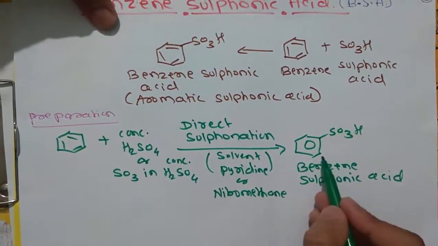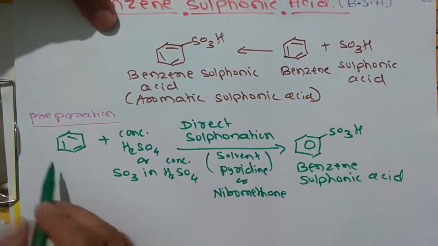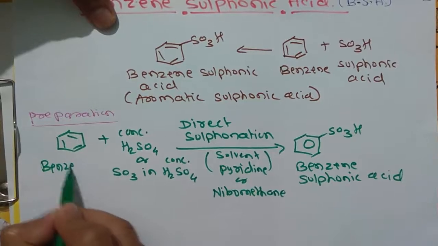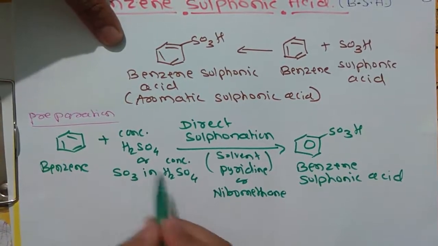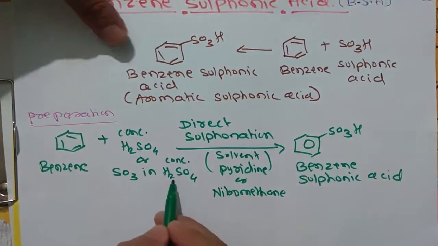Means benzene sulfonic acid is prepared by using benzene plus concentrated sulfuric acid or SO3 in H2SO4.